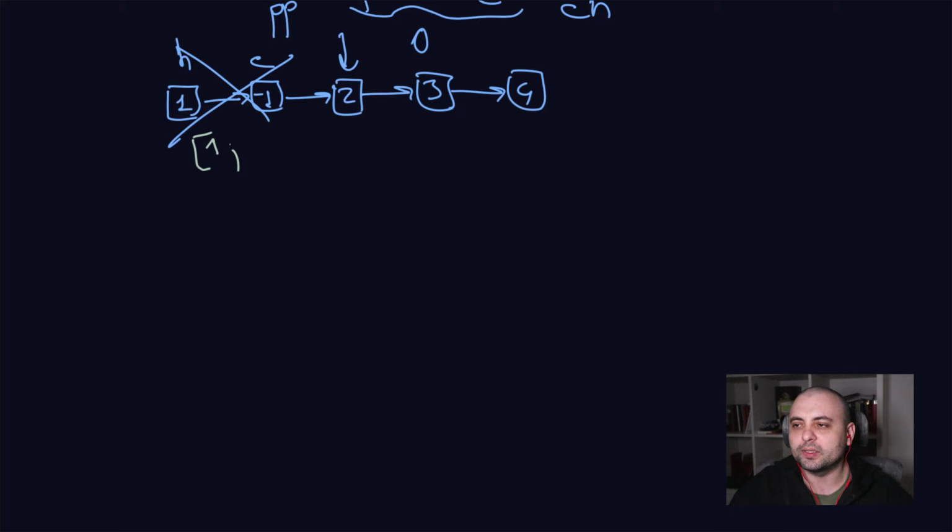We'll pop the last one. So I'll put 1 here, I'll put -1, then I'll pop both of them because they sum to 0, and then I'll move on with 2. I'll put 3, and then I'll put 4. And by the end of traversing this linked list, I'll fill my vector.